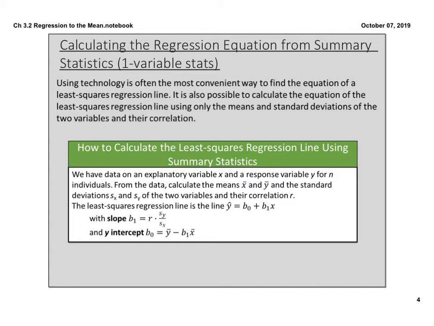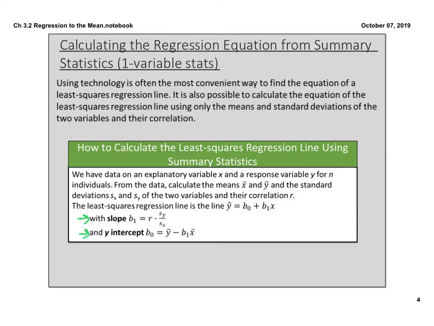All right, so there is a way for us to calculate the LSRL by hand. We talked a little bit about this when we did the regression line, I think it was in 3.1, or maybe the very first piece of 3.2, I don't remember. The slope was the R value, the correlation coefficient, times the standard deviation of y divided by the standard deviation of x.